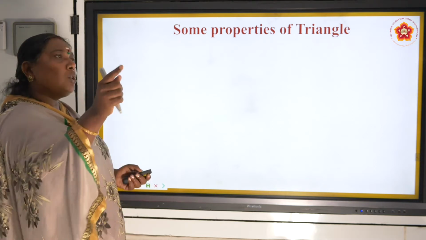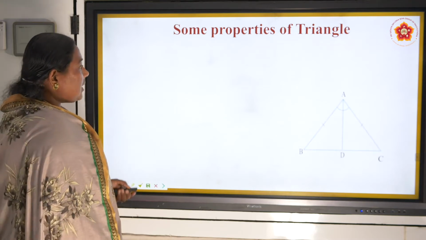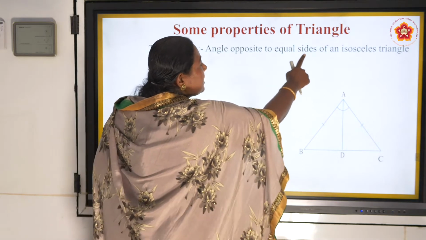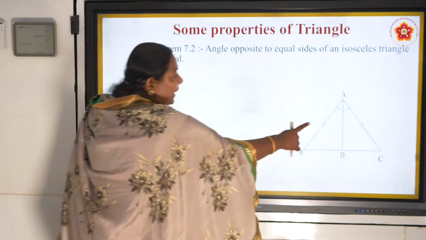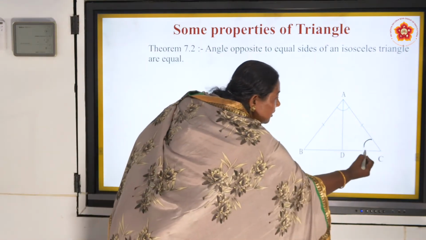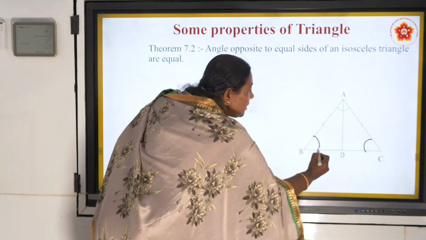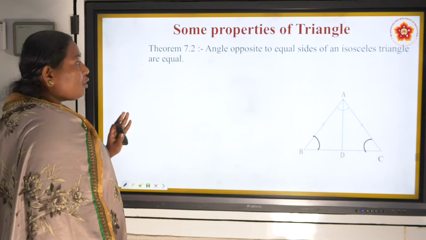So on the basis of the two sides we are going to bring in the angles also. That is what we are going to see here. Angles opposite to the equal sides of an isosceles triangle are equal. This is a very easy theorem to prove.